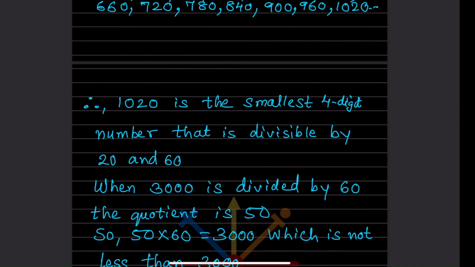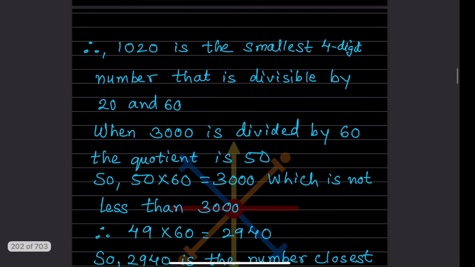And when 3000 is divided by 60, what is the quotient? When you divide 3000 by 60, what do you get here? 6 ones are 6 and 6 5s are 30 and this is 0. So the quotient is 50. So what will you do? 50 multiplied by 60 is 3000, which is not less than 3000.